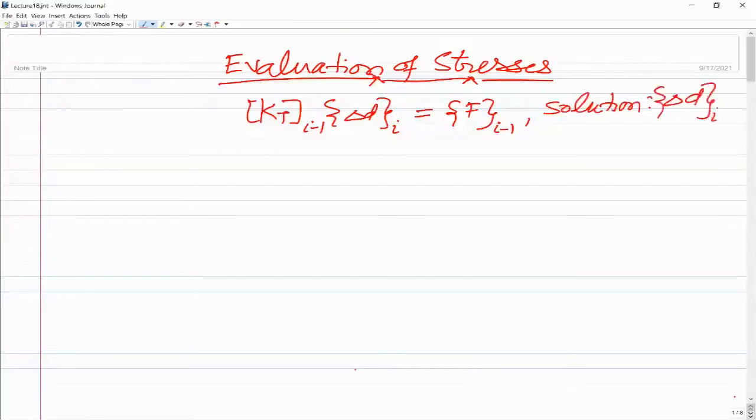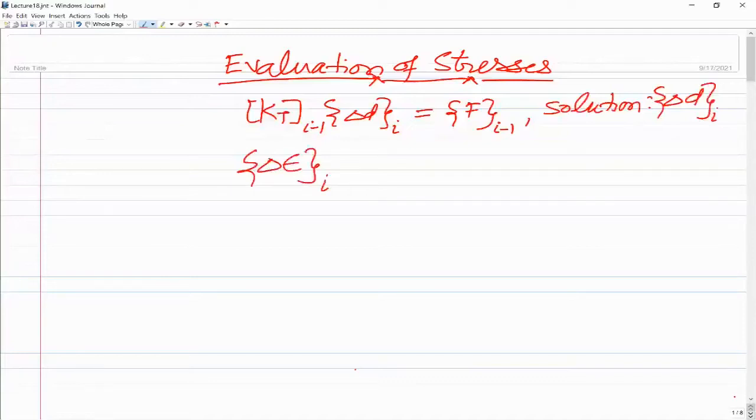Once we solve for the global incremental displacement vector, we can extract for each element the incremental elemental degrees of freedom vector, and from there we can calculate the strain. So you calculate the incremental strain, epsilon, corresponding to the ith iteration.